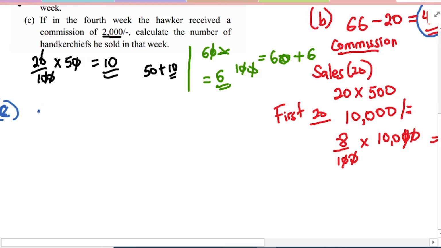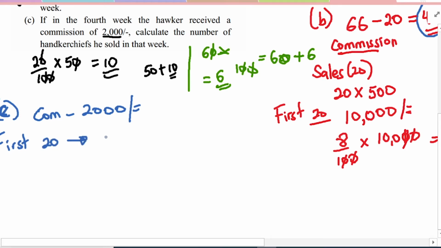So if he got a commission of 2,000 shillings, how much commission does he get when he sells the first 20 hankies? Because this commission comes from the first 20 hankies.